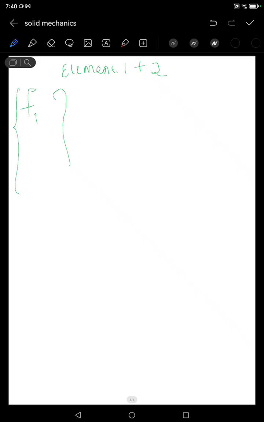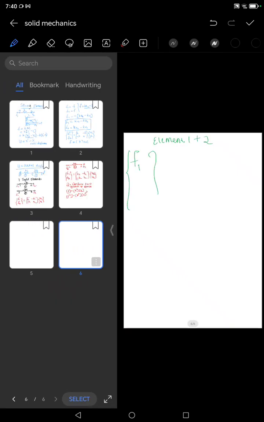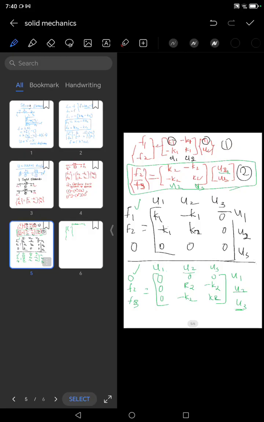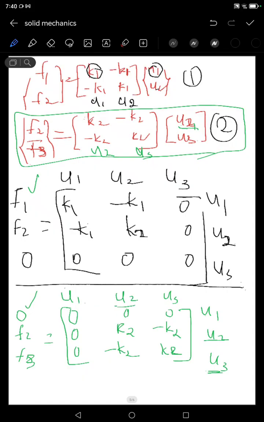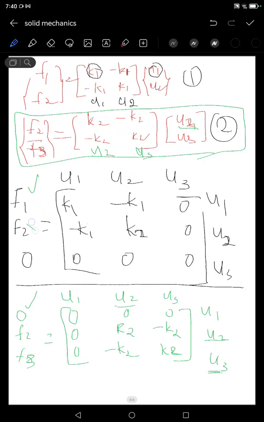Okay, and then now let's go back again and add f2 and f2. Remember, we're combining the 2, so it's going to be f2 plus f2. This one is going to be f2 to the power of 1, and this one is going to be f2 to the power of 2, to show that it's element 2.